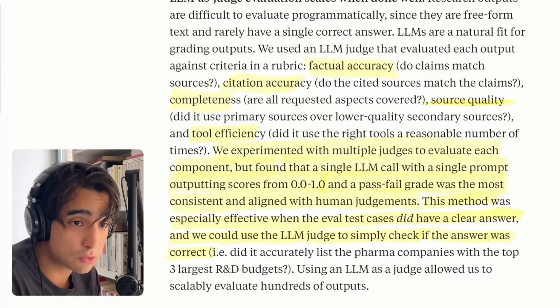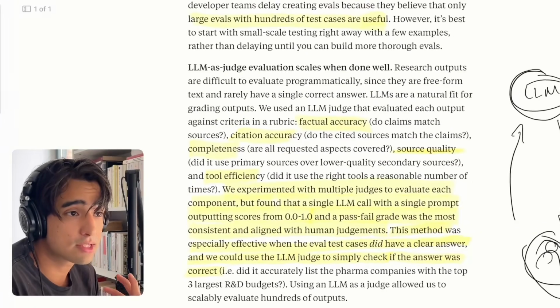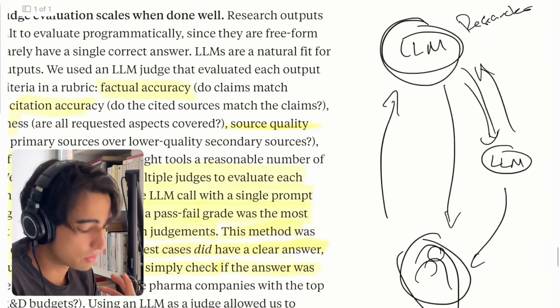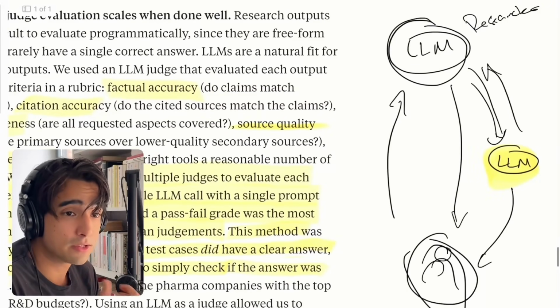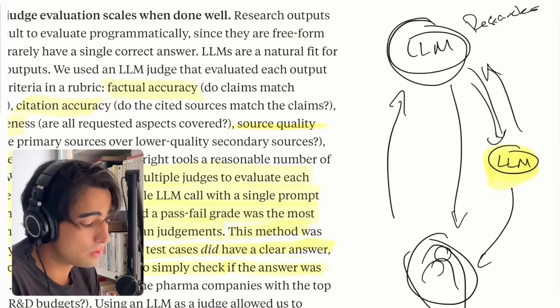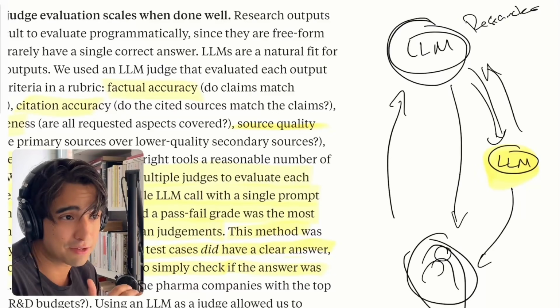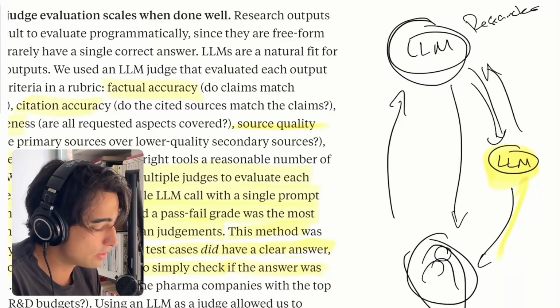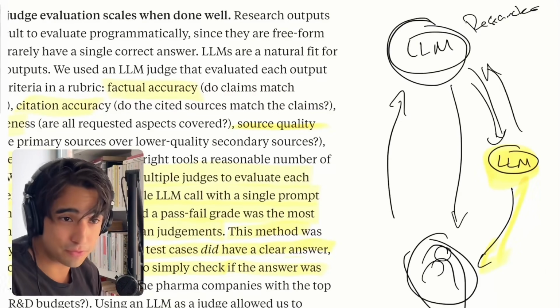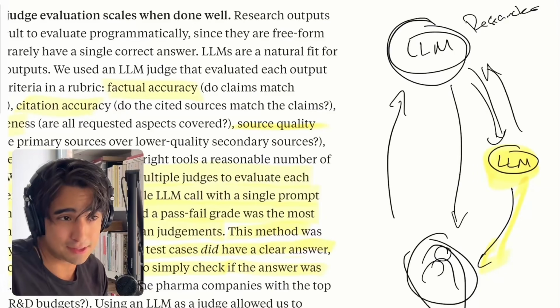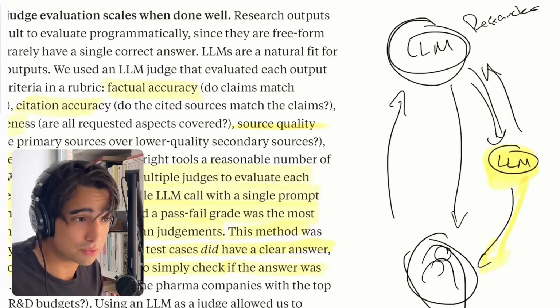Were the tools used reasonably, etc.? All these things are what this language model, who is the judge right here, is going to grade from 0 to 1. And only if it gets a passing grade in every one of those aspects will the response go to the orchestrator, in this case, or to the final user if that was where the judge was positioned.